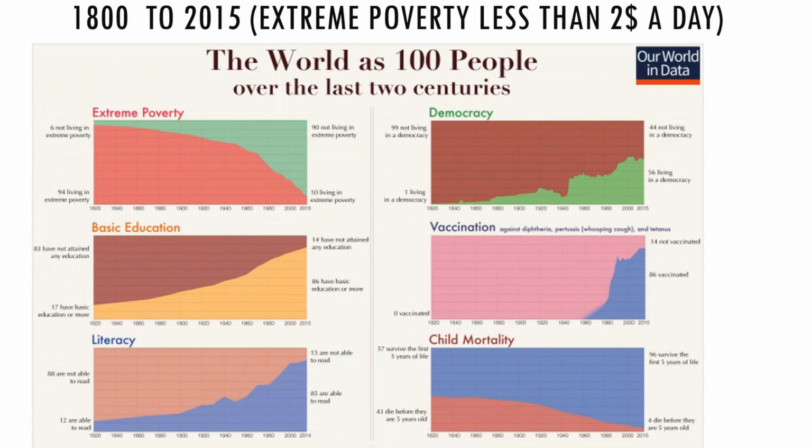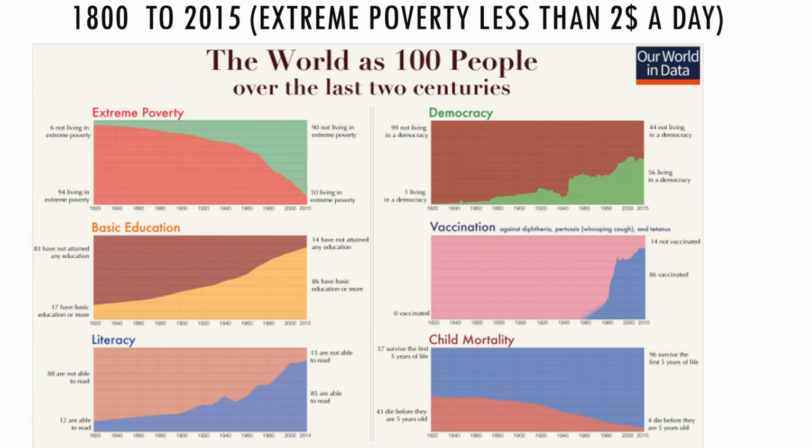Now, you look at literacy: only 12% of people could read or write. Democracy was non-existent, actually, in the 1800s. Vaccination, which was the major cause of the improvement in mortality, wasn't even done until the mid-1900s.